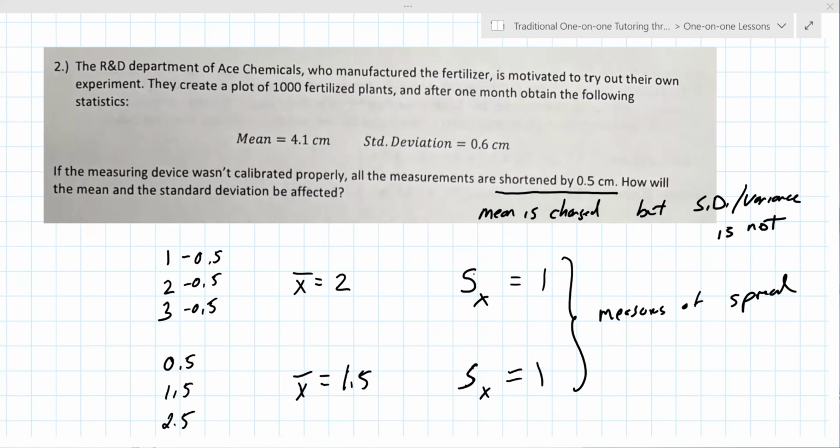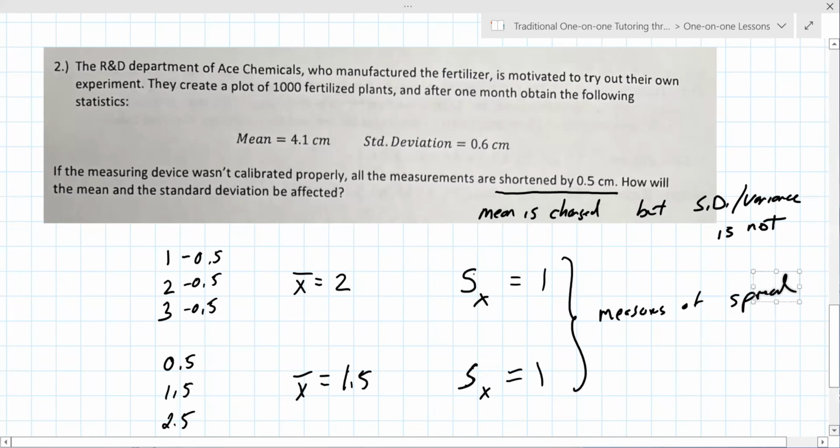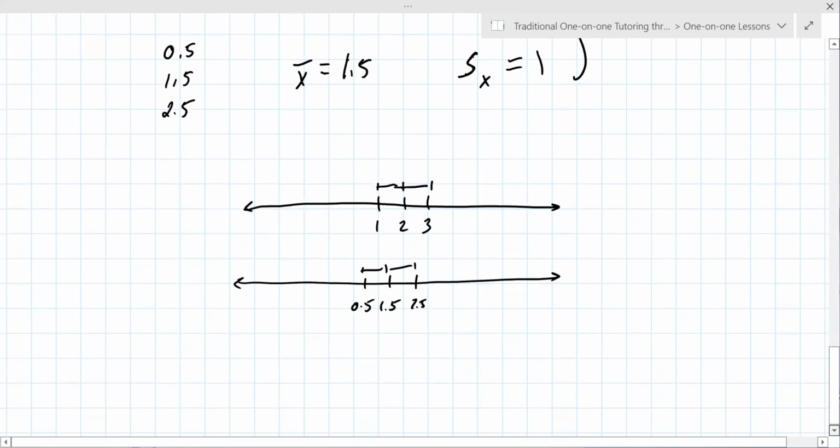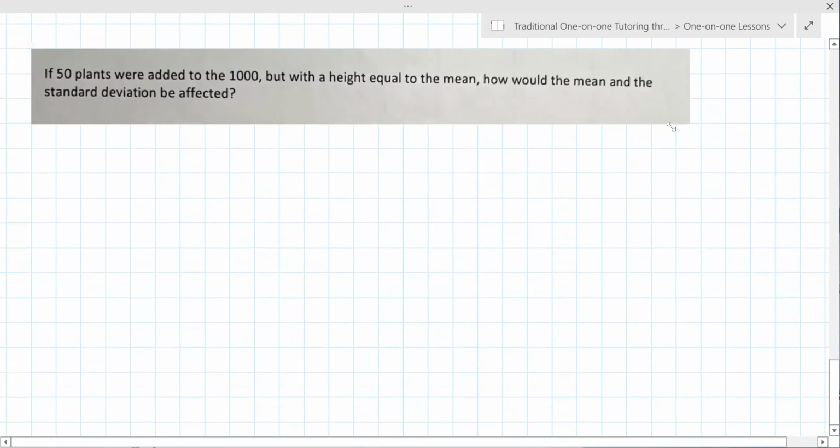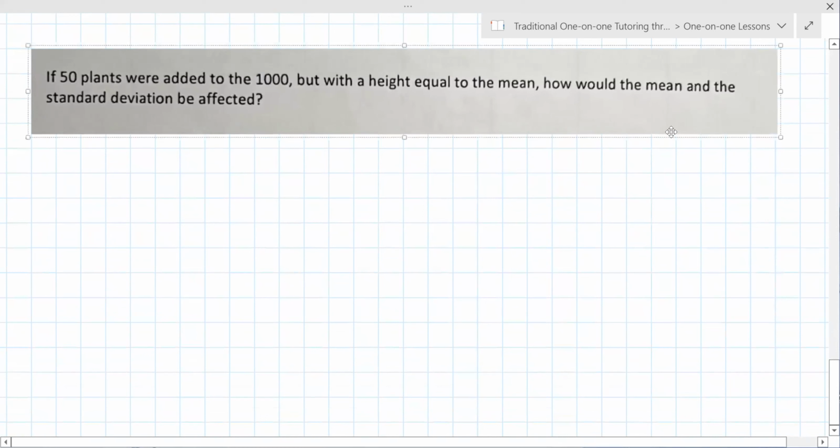Okay, so let's move on to the next part of this question, which says if 50 plants. Okay. So before we answer this question, the analogous one is the one that we just did.